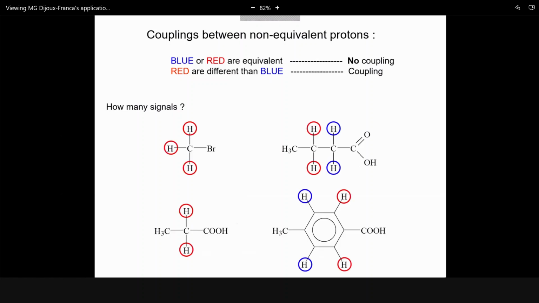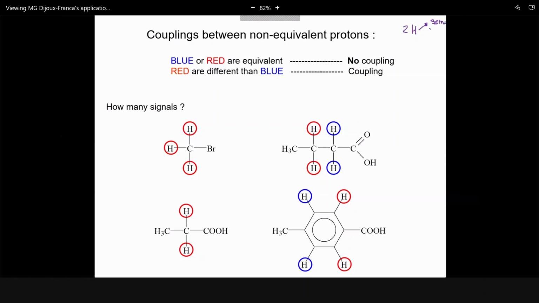as an example, again, what is important to see or observe in order to be able to say, for example, when I have a coupling with two protons, the question is, are they the same?